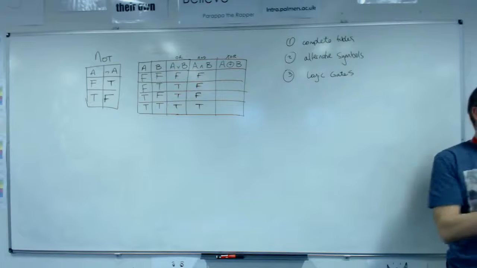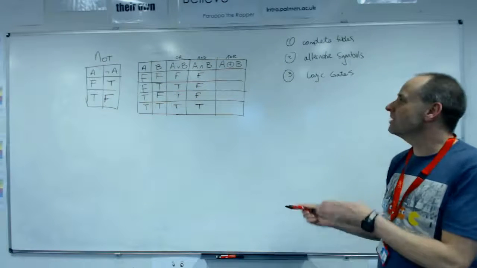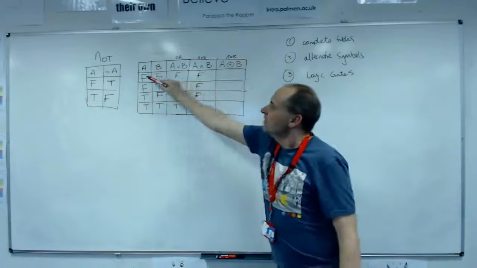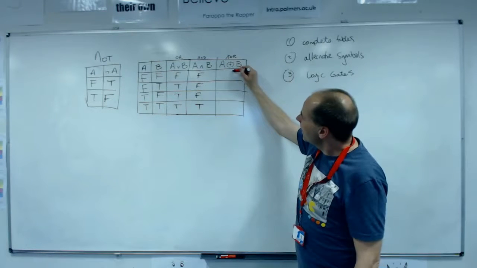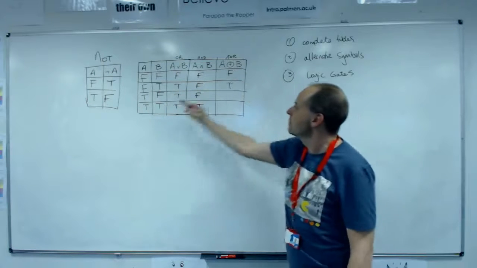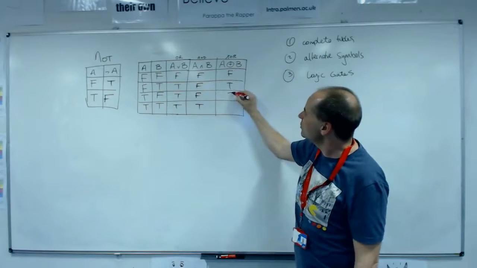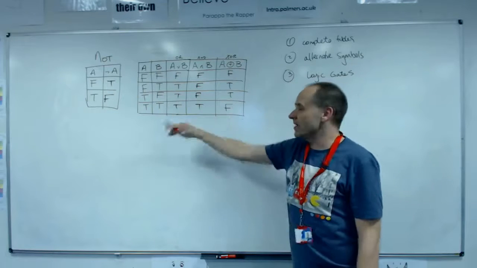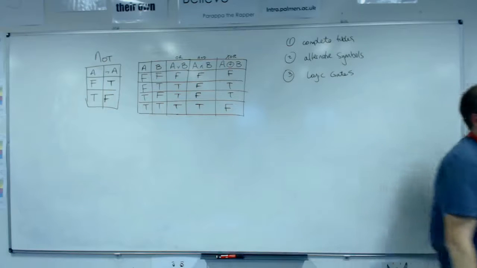Which might not seem very useful, but it is an incredibly useful logic gate. So here, they're both the same, so we get false as an output. Here they're different, so we get true. Here they're different, so we get true. Here they're the same, so we get false. Here they're the same, so we get false.